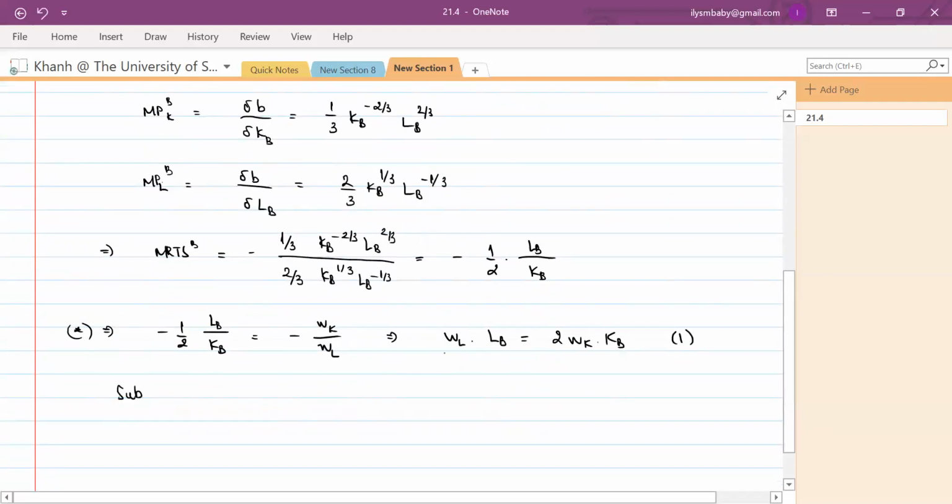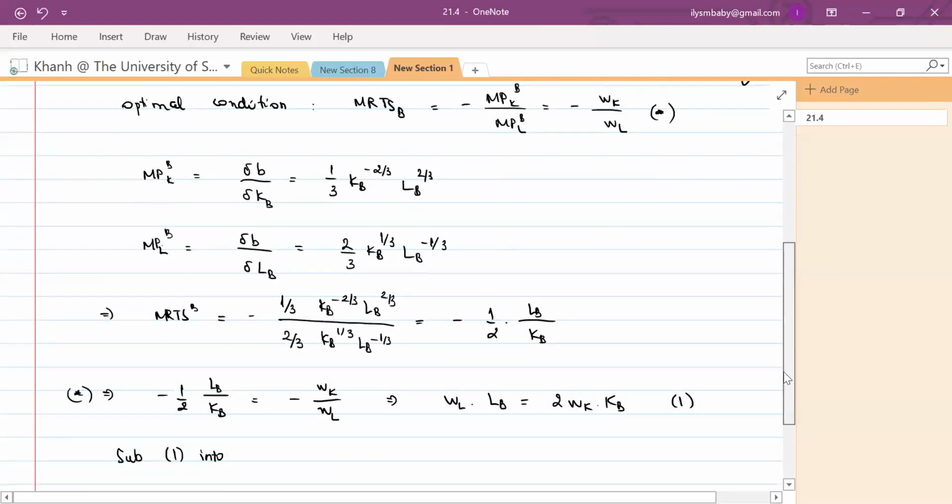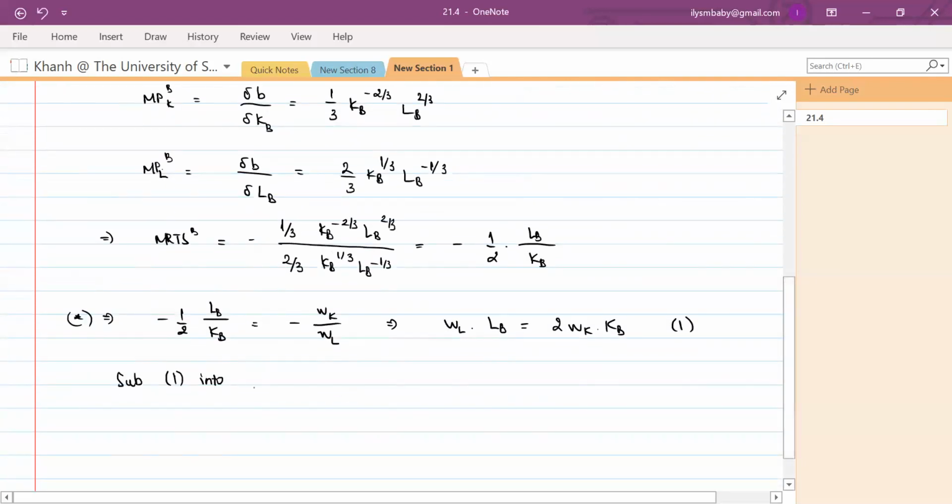Now in order to find the optimal amount of L and K, I just have to substitute this back into the budget constraint, into the constraint for the firm.